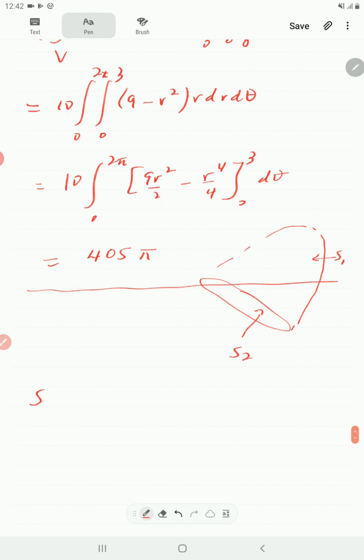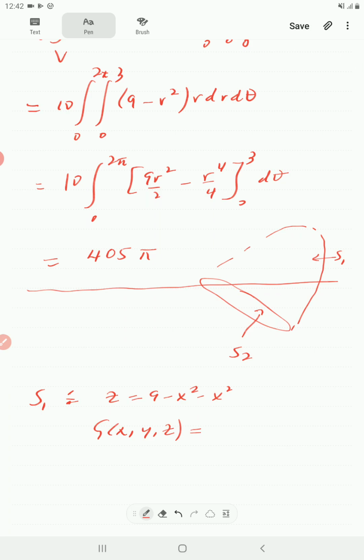So S1 is z equal to 9 minus x squared minus y squared. What we're going to do is write this as a function of x, y, z. So bring everything to the same side.